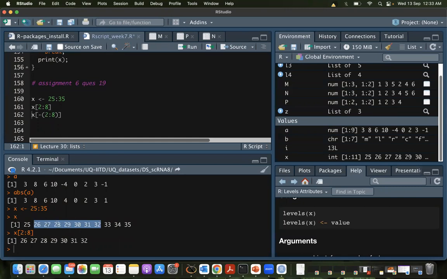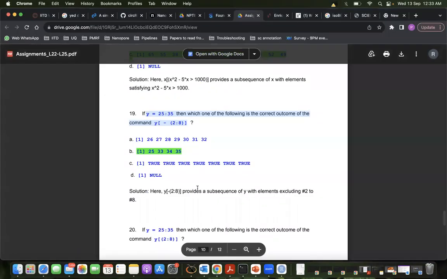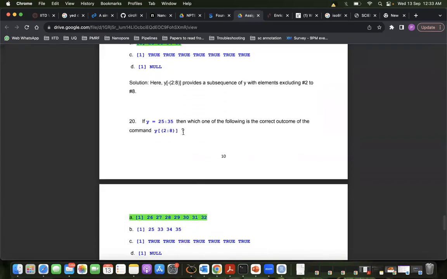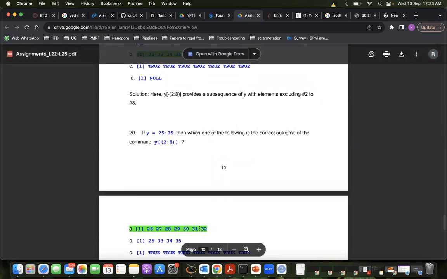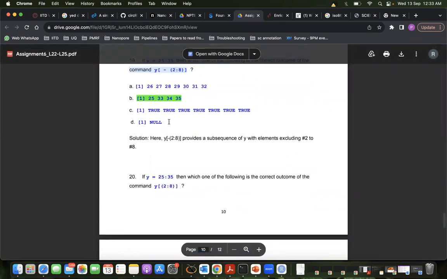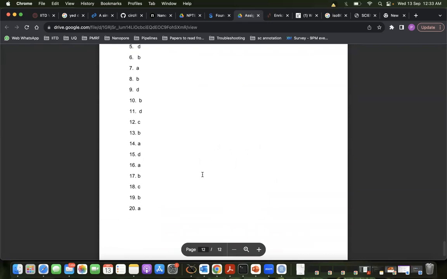But if I've written minus, you're removing these elements and you are left with the other elements: element 1, and elements 9, 10, and 11. Got it, ma'am. So in question 20, you have these selected elements, and in question number 19, you are left with the remaining elements. That's it.